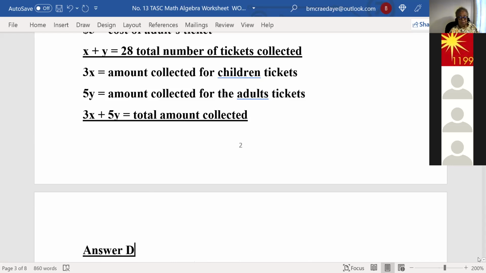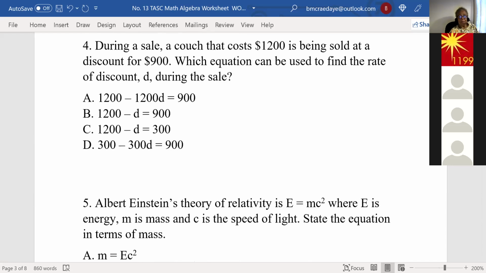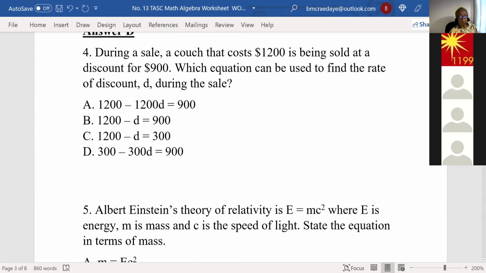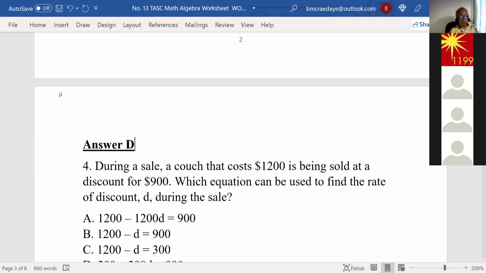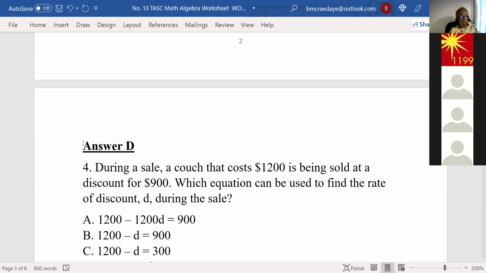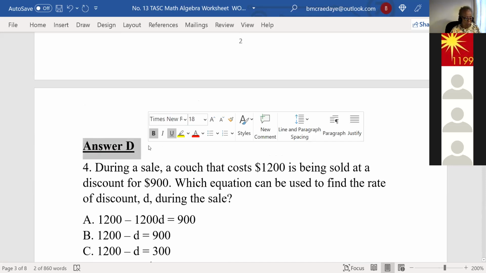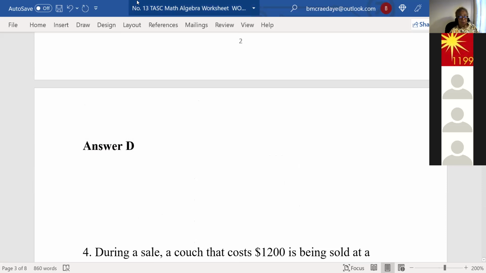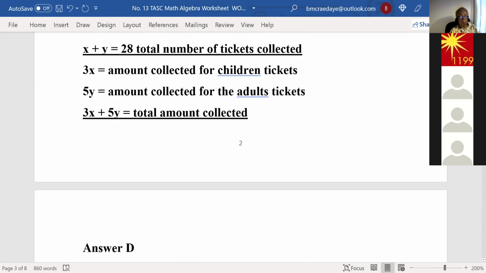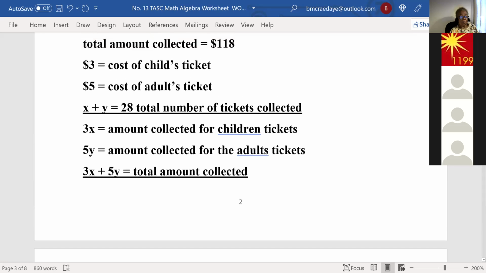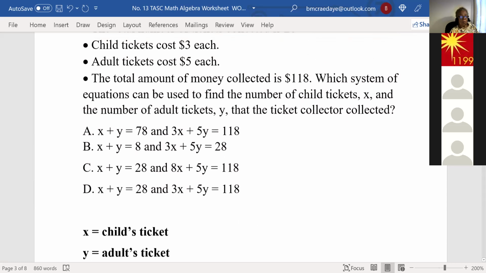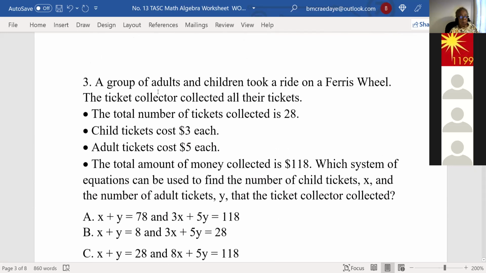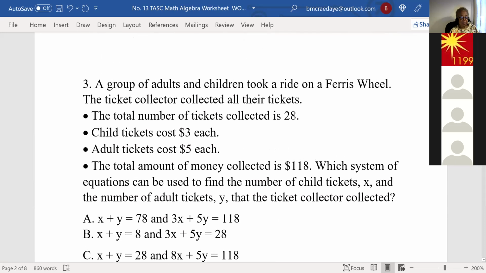Okay. Any questions on that problem? Now for word problems, you should look at what is given and what you are to find. So you break it down by what they gave you, just like we did here. Total number of tickets collected is 28.